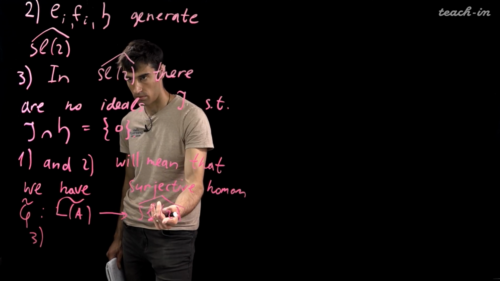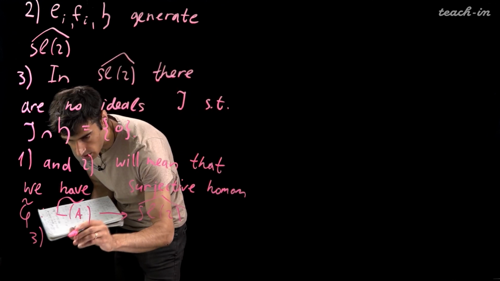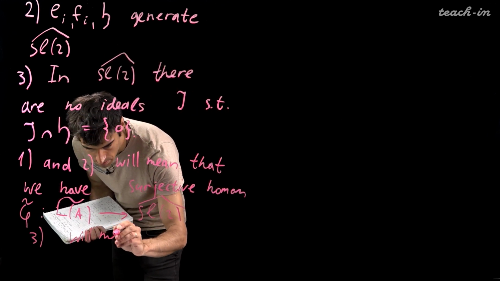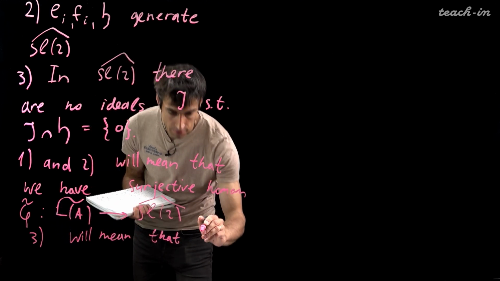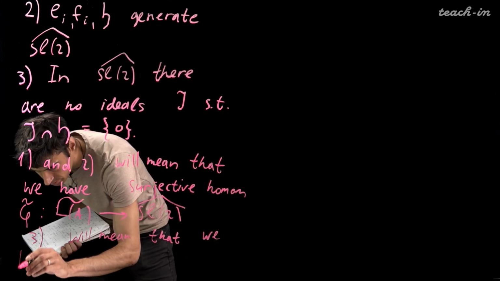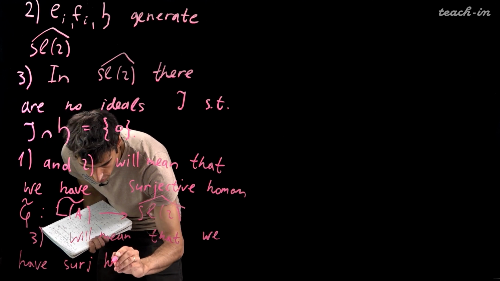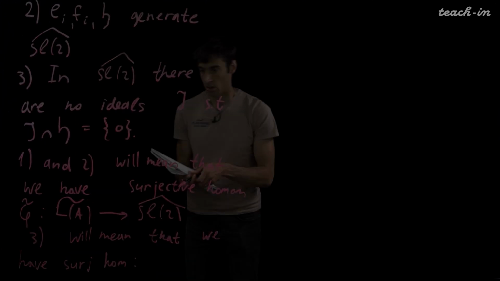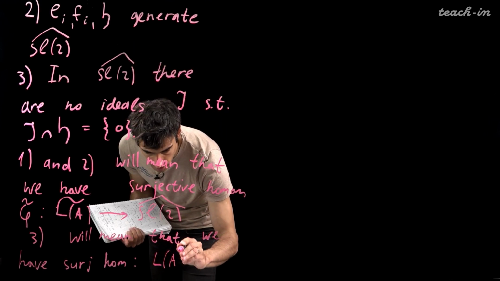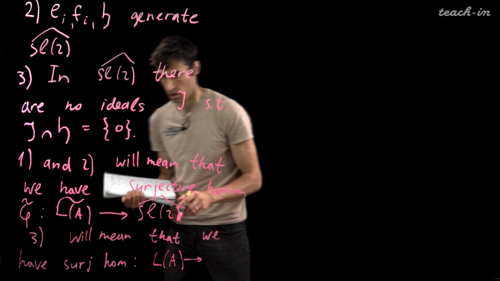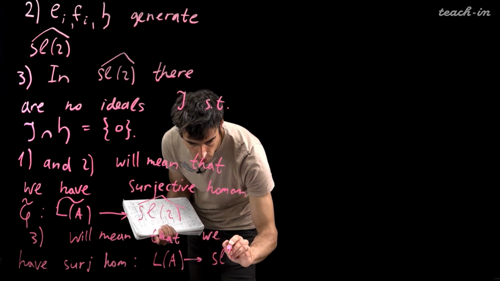So therefore 3 will mean that we have a surjective homomorphism, not from L tilde now, but from L of A, the Kac-Moody Lie algebra corresponding to the matrix A, to SL2 hat.